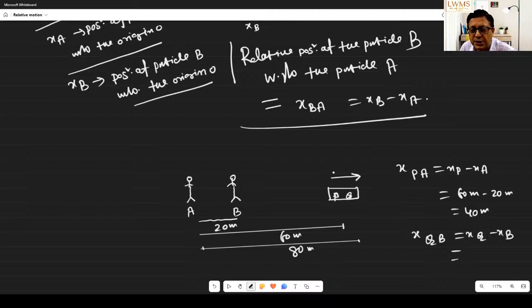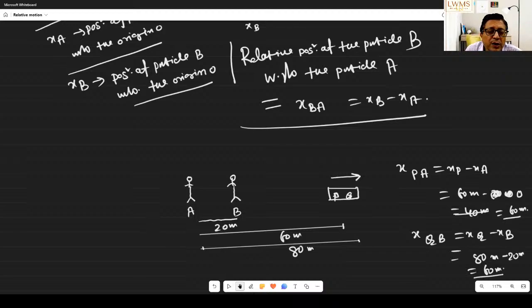XQ is 80 meter minus XB 20 meter. Here 80 minus 20, that is 60 meter.